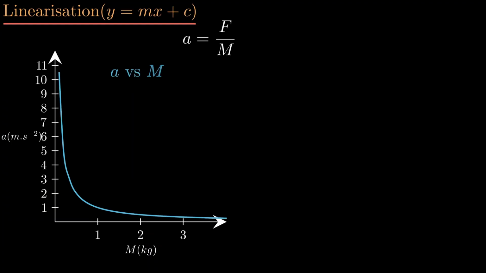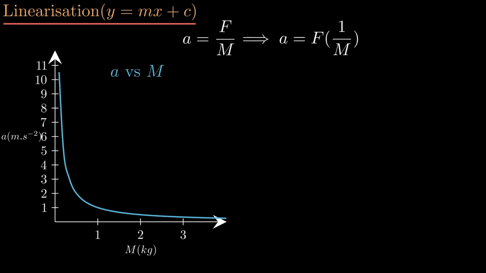But then if we rearrange this equation to look like an equation of a straight line, we will have a equals F, and then we have brackets there, which is 1 over m.